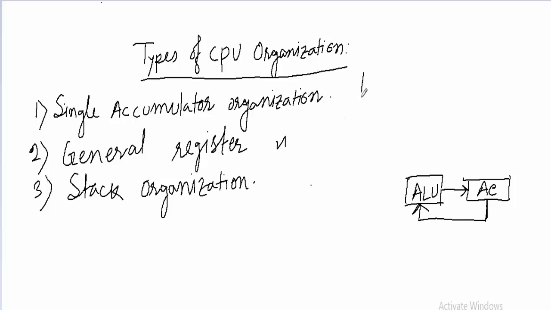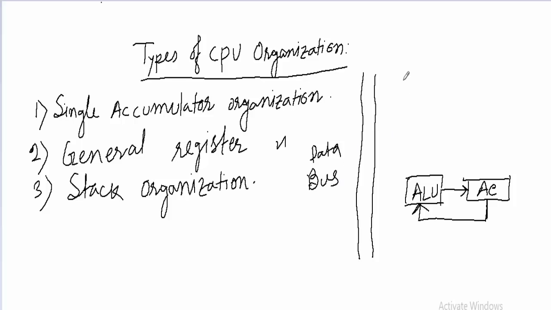There will be a data bus to which the memory will be connected, and the arithmetic logic unit will also be connected to this. This is the simplest type of architecture, where we don't have a lot of registers.